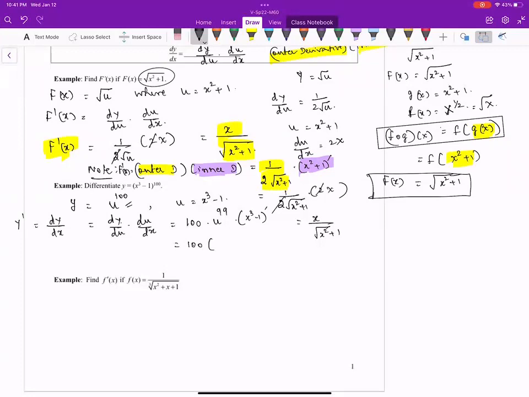If I change the u back to x cubed minus 1, I get 100 times 3, so 300 x squared times x cubed minus 1 to the power 99. That is y prime here.